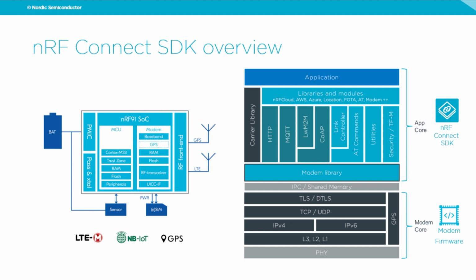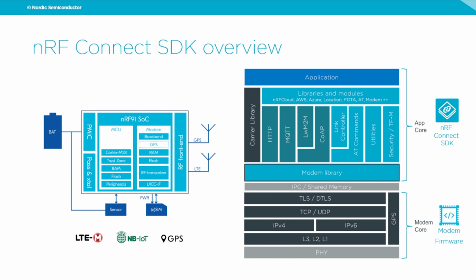On the application core you are typically running the nRF Connect software development kit, which includes the modem library, which enables different APIs you use to communicate between the modem and the application core. You can enable different protocols on your application core. You have support for HTTP, MQTT, LwM2M, CoAP.